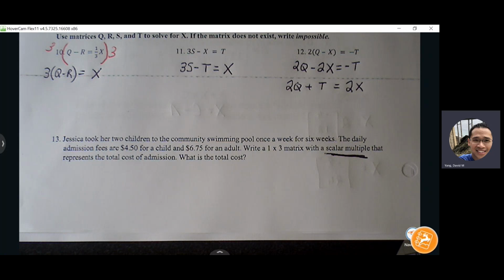Okay, everybody okay with 10 and 11? Okay, let's look at 13.